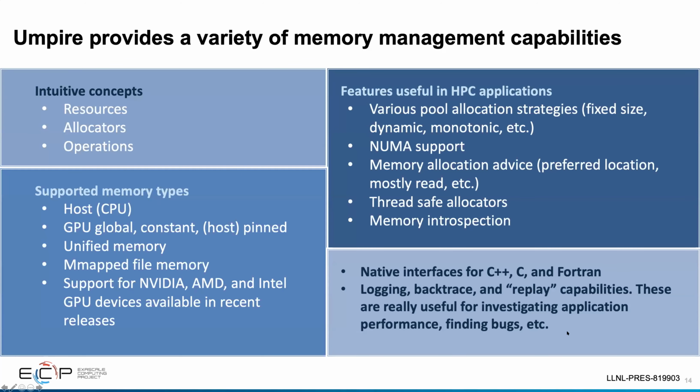There are native interfaces for C++, C, and Fortran, and there are a lot of useful tools for debugging, such as logging and backtracing. And you can also replay the different memory allocations that you've performed through Umpire.